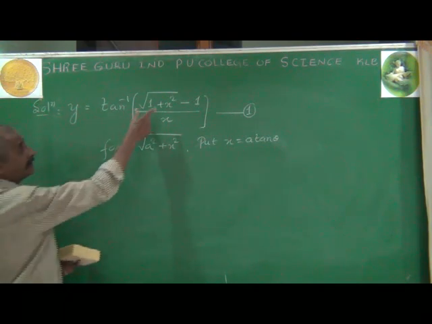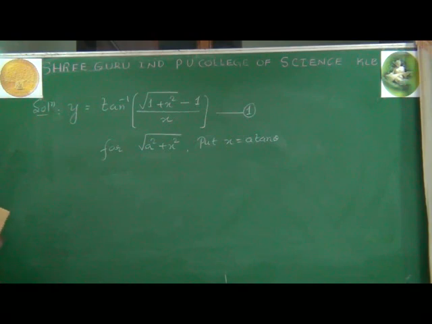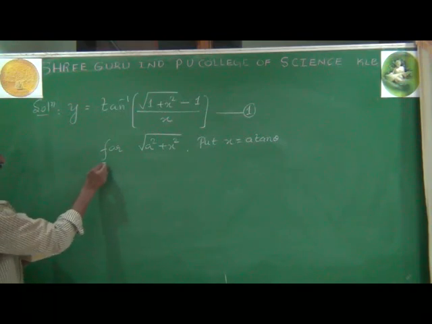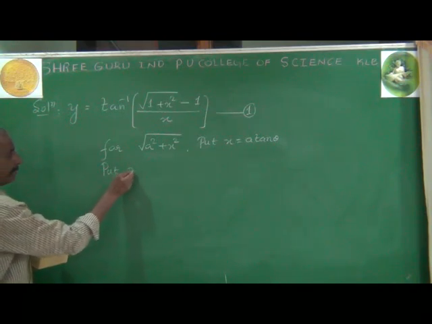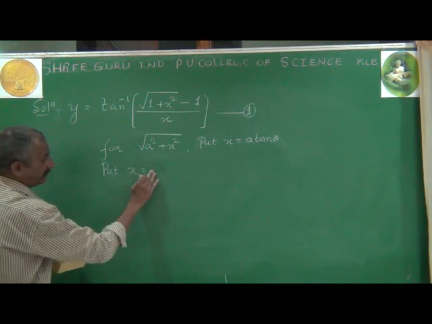Because here the similar term has a equal to 1, hence we shall put x equal to 1 into tan theta. However, 1 into tan theta is tan theta. So let's put x equal to tan theta. That is the most advantage.